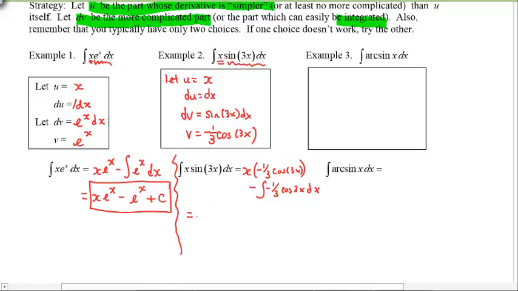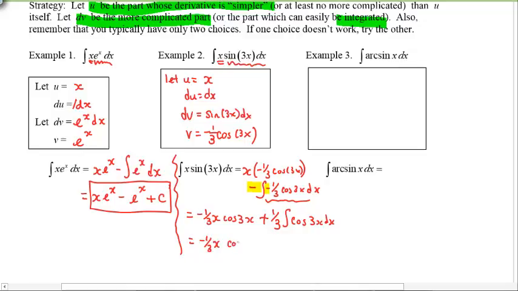So simplifying this, negative 1/3 x cos 3x. You see these two negatives here, a negative and a negative. I'll combine them together to be a positive. And I will also factor out the 1/3. So now I'm just asking you, what's the integral of cos 3x dx?